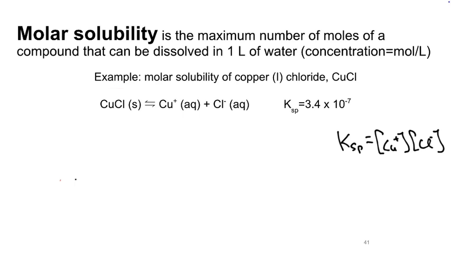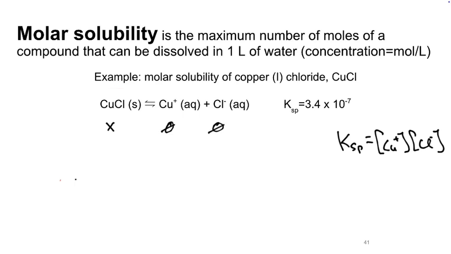At equilibrium. So what we're talking about is that I'm going to take some unknown mass of the copper chloride, right? And I'm going to add it into solution, and it's going to dissolve. Before it dissolved, how much copper ion did I have? 0. How much chloride? 0. Okay.